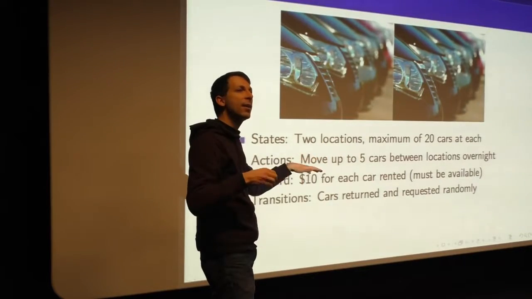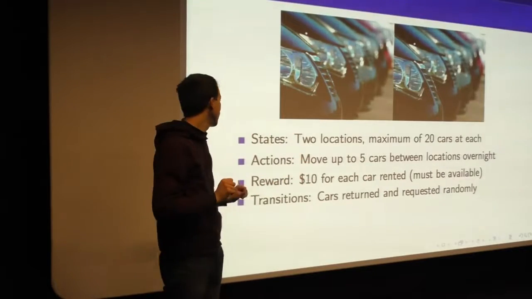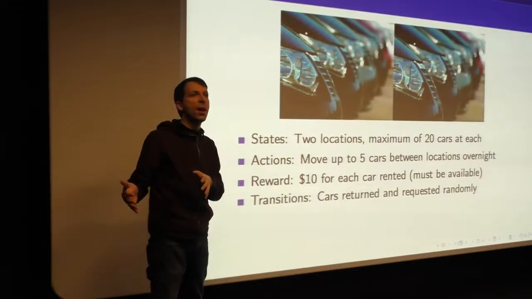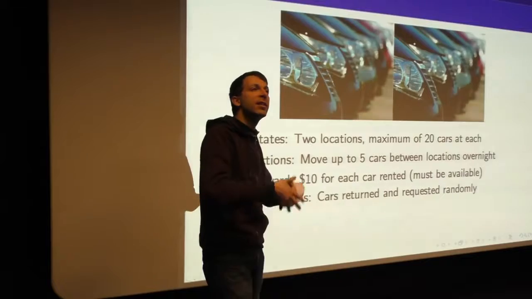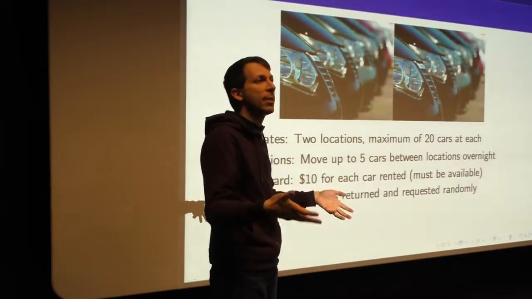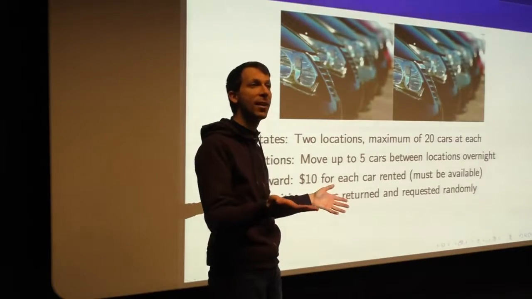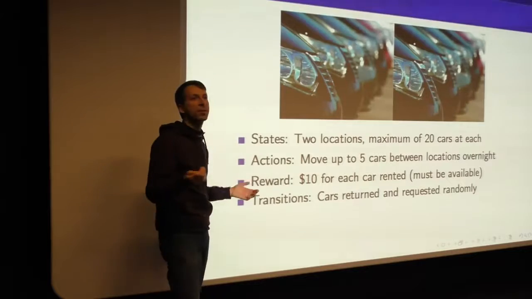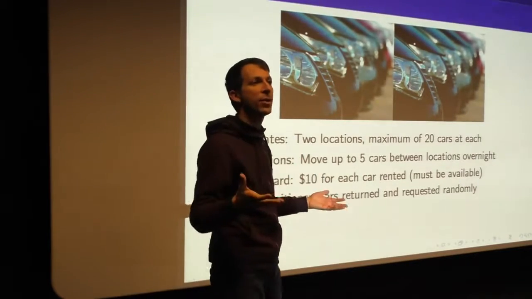But the rate at which they rent and return the cars is different in the two locations. Every night you get to move some cars from one location to the other, and you need to do this in the optimal way so that when people actually try to rent a car, cars are available. You don't want to end up with an empty car park when some customer comes in and tries to rent a car, because you lose money. The question is, what's the optimal policy for shifting cars around so that you maximize your income?